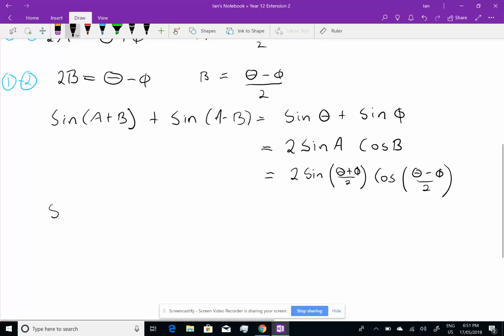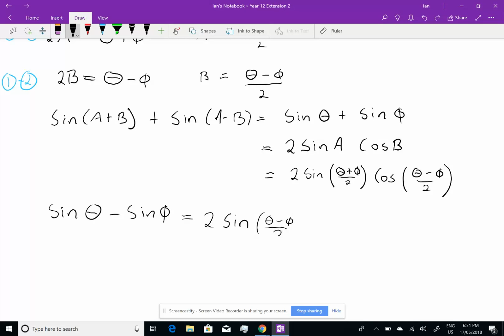If I do sine theta minus sine phi, you're going to have to look back now. I'm going to get 2 sine B, which is theta minus phi over 2. And I get cos A, theta plus phi over 2.